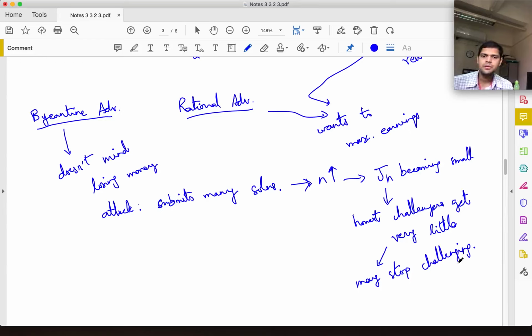Now this is a problem because if they stop challenging, then all the honest people drop out, or even the rational people will just drop out, and the only person who will be left challenging is this Byzantine adversary. And that's a problem. If he's Byzantine and he's the only one challenging, then he might actually also masquerade as a solver and submit wrong solutions and then not challenge himself.